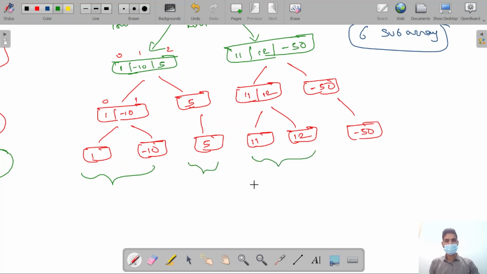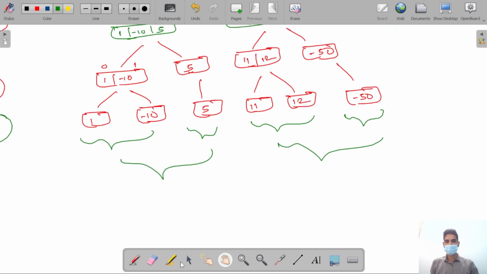We will combine two and sort them. This will remain same. After that, these two will get combined. Combined means we will create a bigger array of size the total size of both of the arrays. After that, we have to sort them.